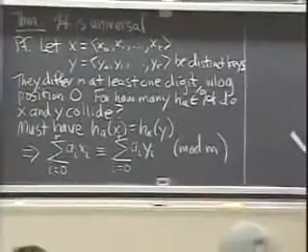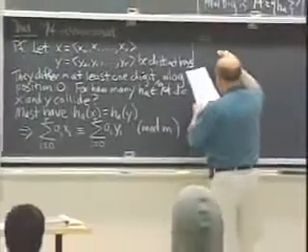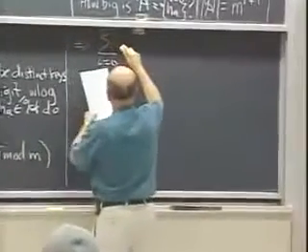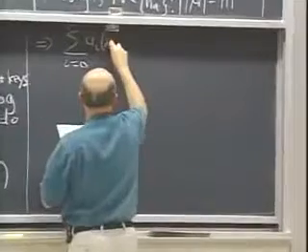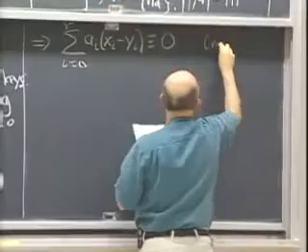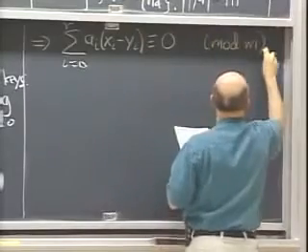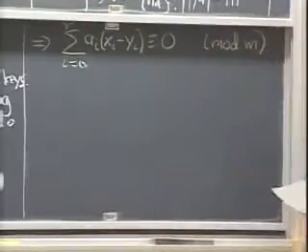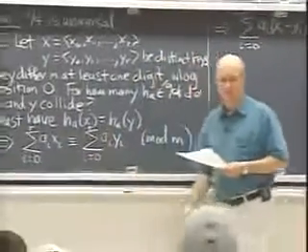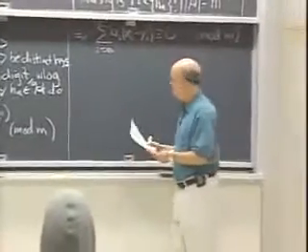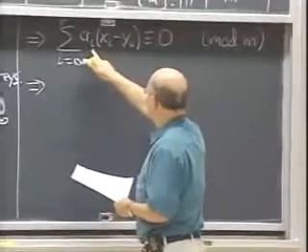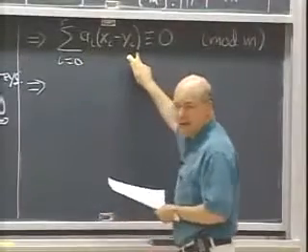So that implies that the sum of i equals 0 to r of a sub i times x sub i minus y sub i is congruent to 0 mod m. I just threw it on the other side and applied the distributive law. Now what I'm going to do is pull out the 0th position, because that's the one that I care about.